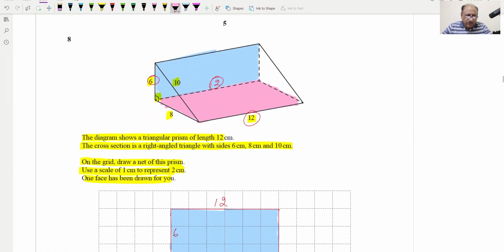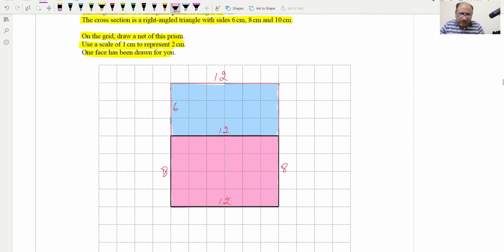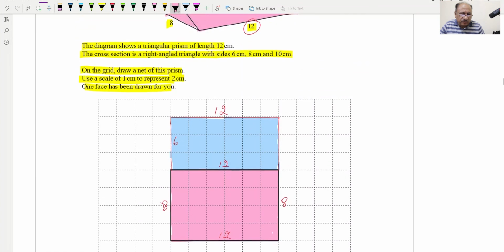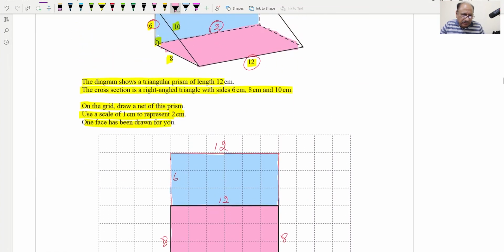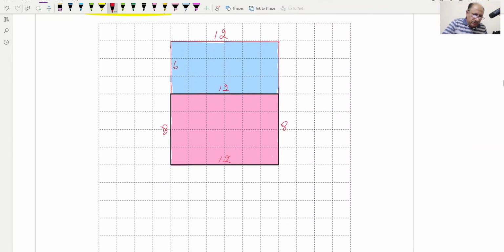Now I will be drawing the triangular portion first, and the triangular portion is on the sides, and this is basically 6 units, so 6 by 8, and 10. So 6 units I can take over here, and if I draw this one, this will be 6 units and this will be 10 units.